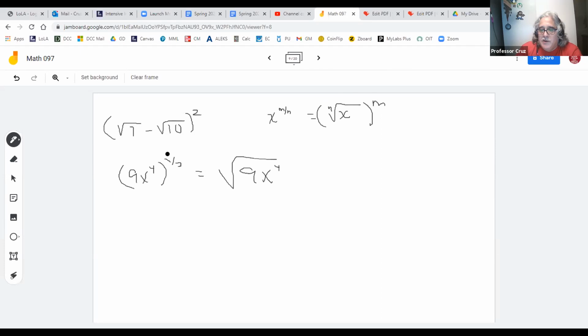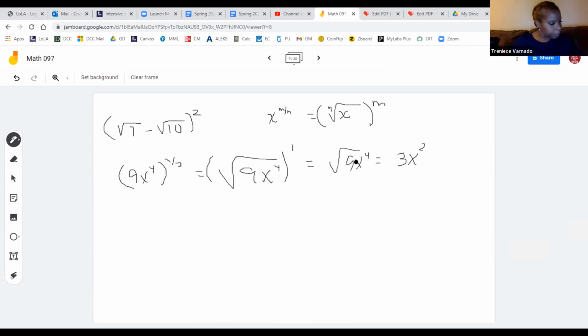Now this right here is just a 1 up there, so it doesn't really do anything. So it's just the square root of 9x to the 4th, and then you can simplify that as 3x squared. Square root of 9 is 3. Square root of x to the fourth is x squared.